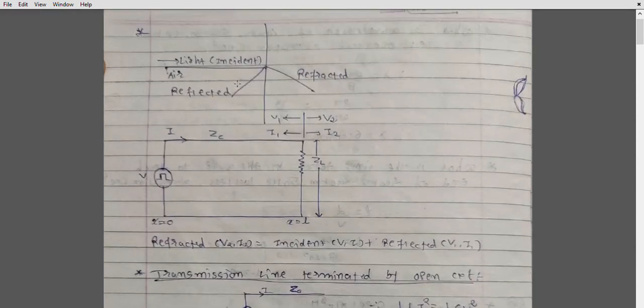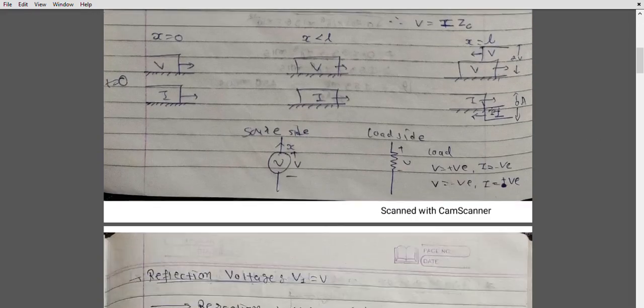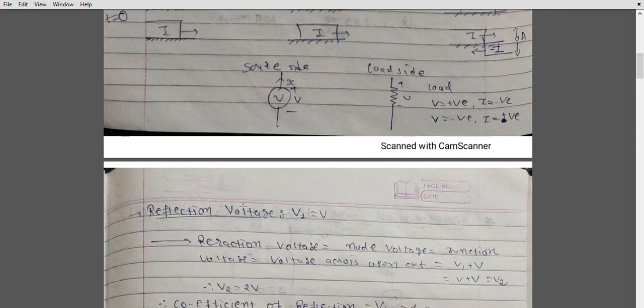Here we have discussed that when the wave is incident at that point, some part of the voltage will be reflected and the other part will be refracted. So the reflected voltage is plus V, that is why we have considered the reflection voltage V1 equal to V, and the refracted voltage is equal to the node voltage, or junction voltage, or we can say the voltage across the open circuit.